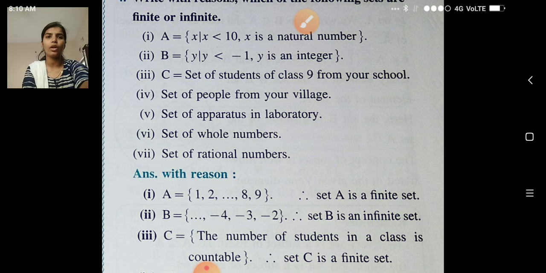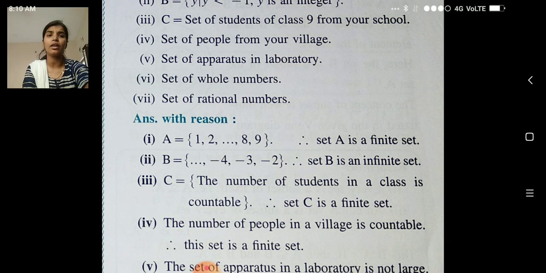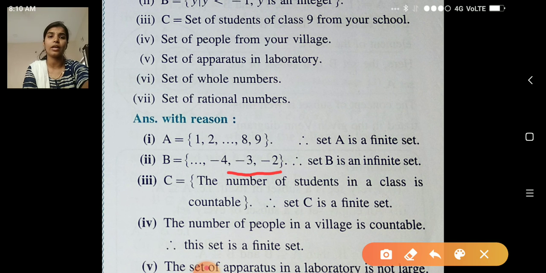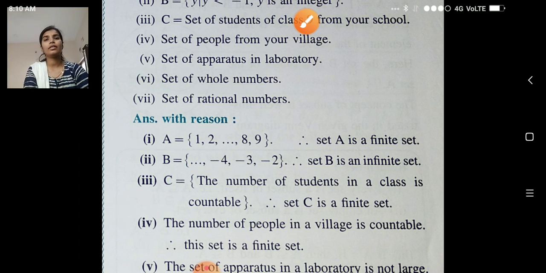Then we will see the second example. B is a set of all y such that y is less than -1 and y is an integer. Less than -1, there are infinite integers: -2, -3, -4, -5 and so on. So set B is an infinite set. Then the third one, the set of students of class 9 from your school.